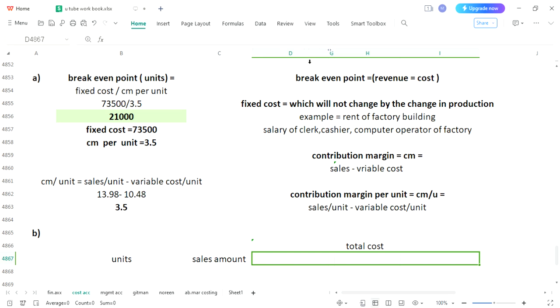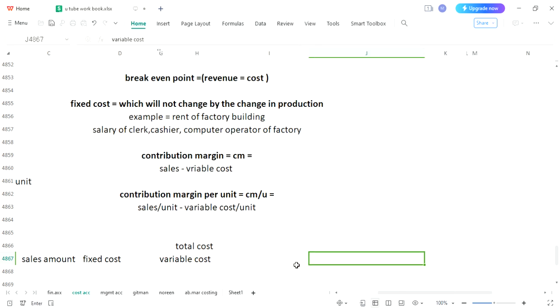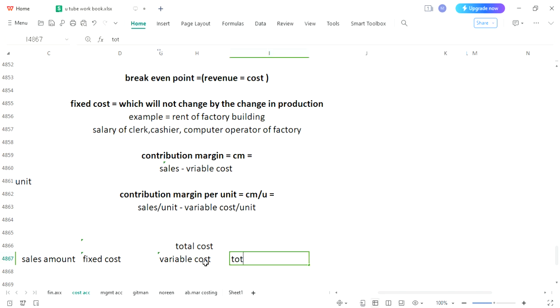First we need to have fixed cost, then you will see your variable cost, and finally you will be able to calculate your total cost. How? You will add fixed cost and variable cost.